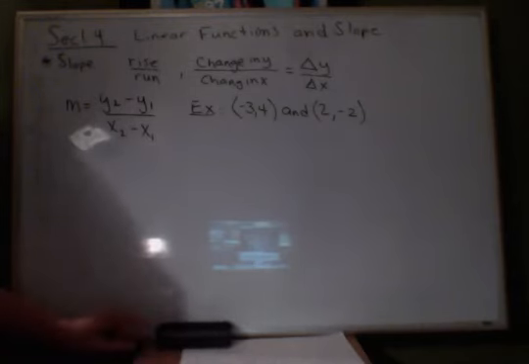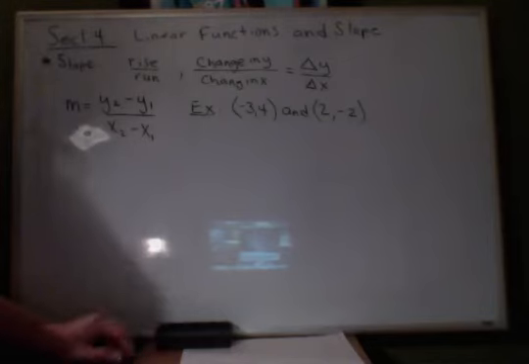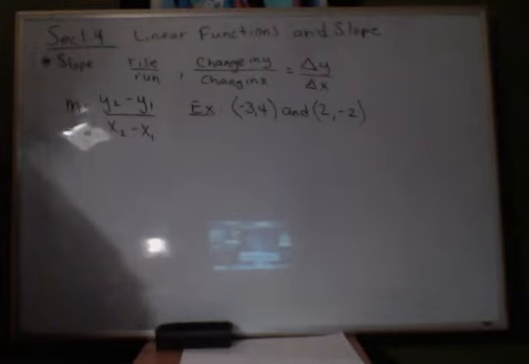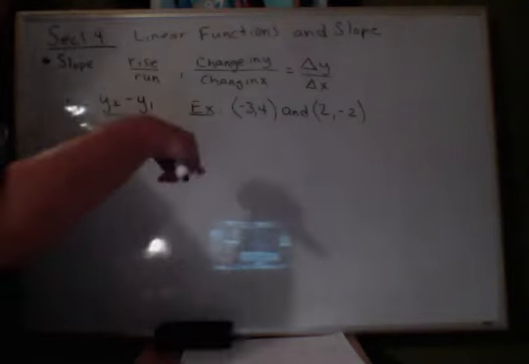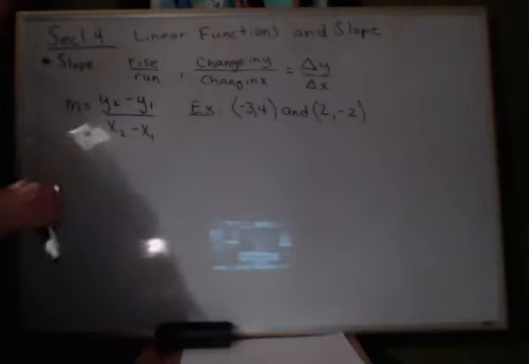So I would just, again, encourage you, as I do every day, to write out the steps, show your work, so that there's no mistake about what's going on. And it doesn't really matter which point you want to call x2, y2, and which point you want to call x1, y1, so long as you're consistent, all right?